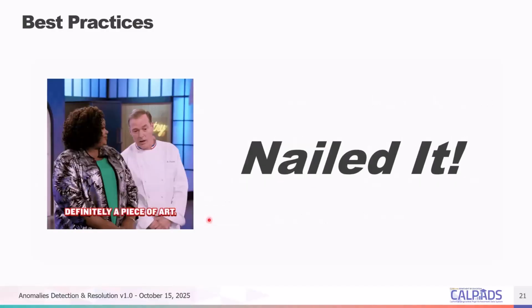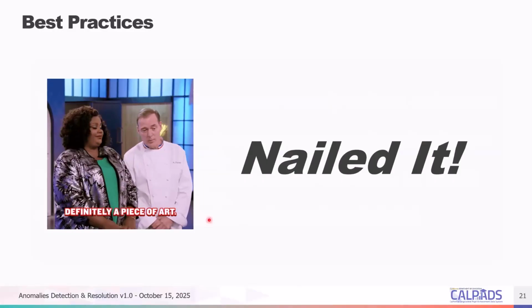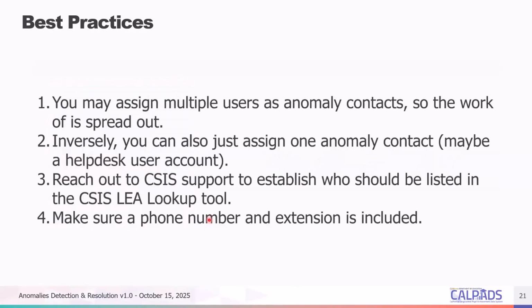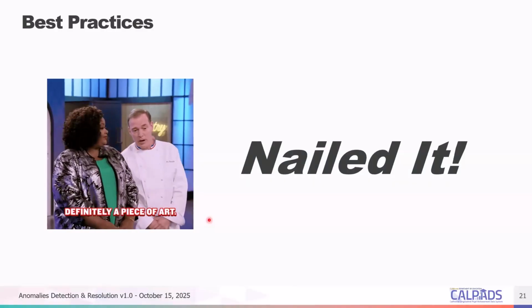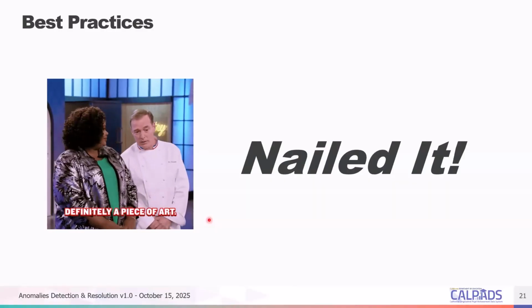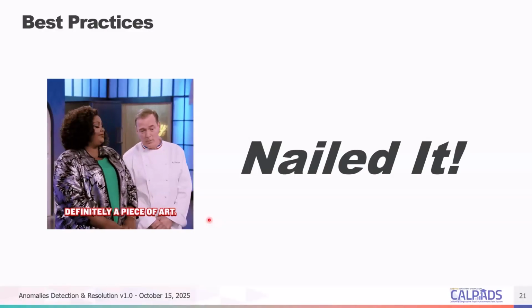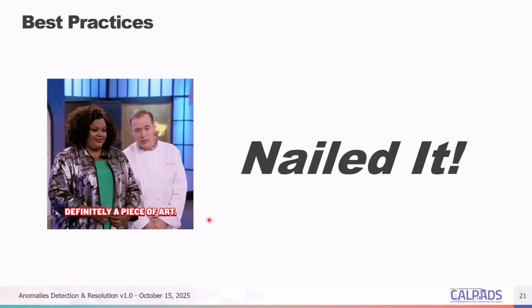All right, so if you follow these best practices procedures, it would make life easier for you, and you would be easily nailing corrections within the day, to be optimistic.